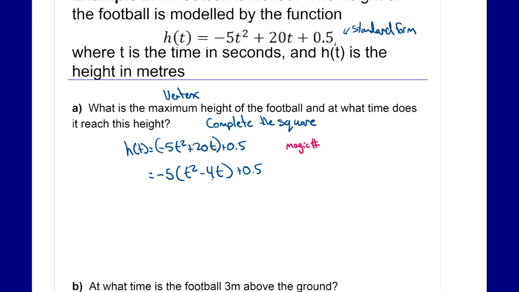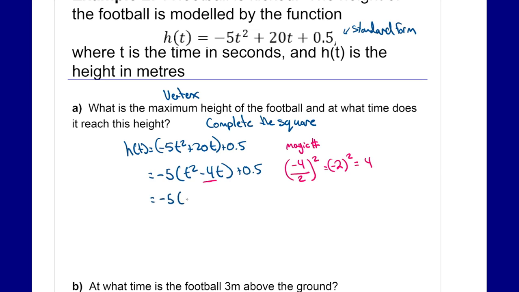My magic number was the second term in the bracket, so negative 4. I'm going to divide that by 2, and then I'm going to square it. So negative 4 divided by 2 is negative 2. And then when I square that, I get 4. So 4 is my magic number. That is the value that I'm going to add and subtract inside the bracket.